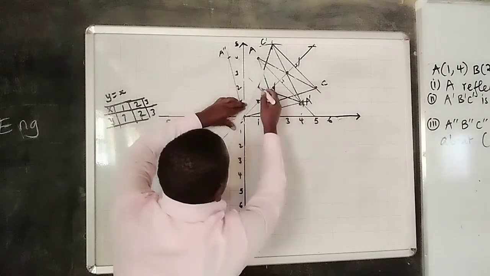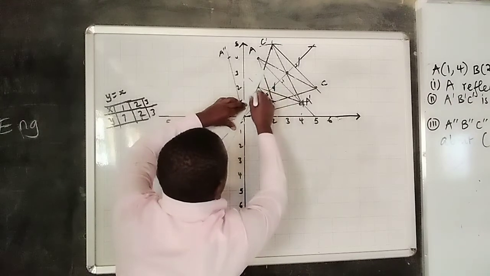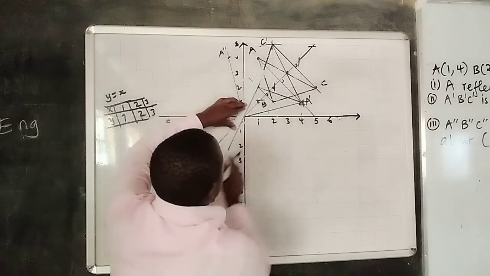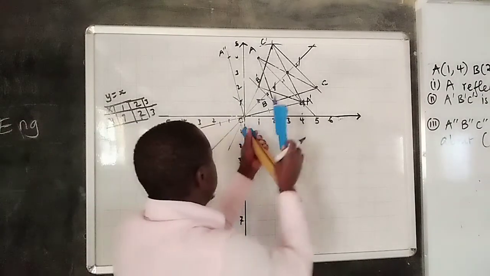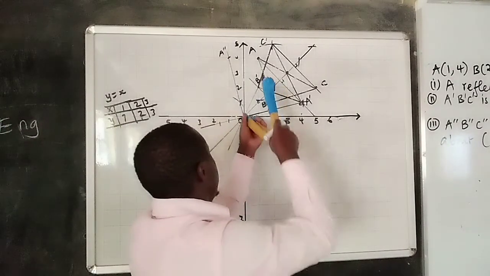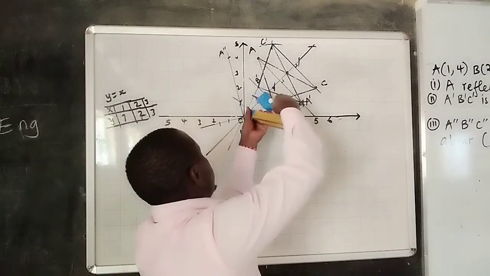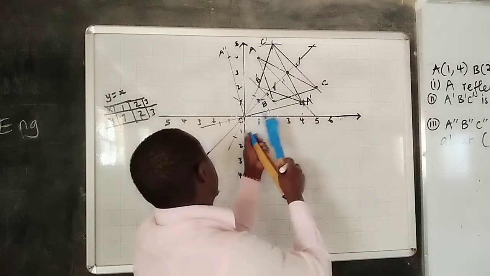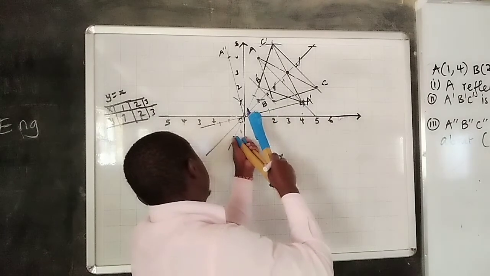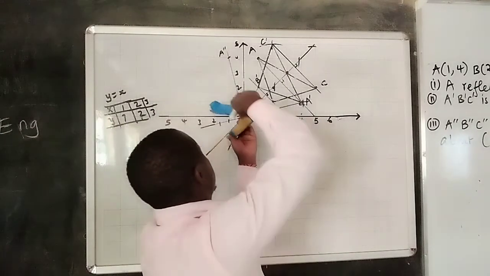So we bring B also to the center of rotation like that. And we construct 90 degrees again using the line through which B has come.